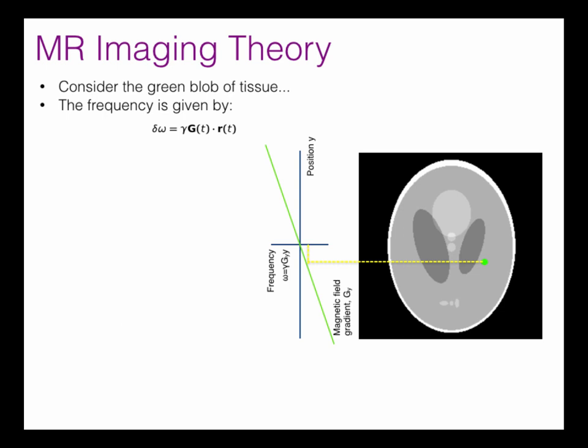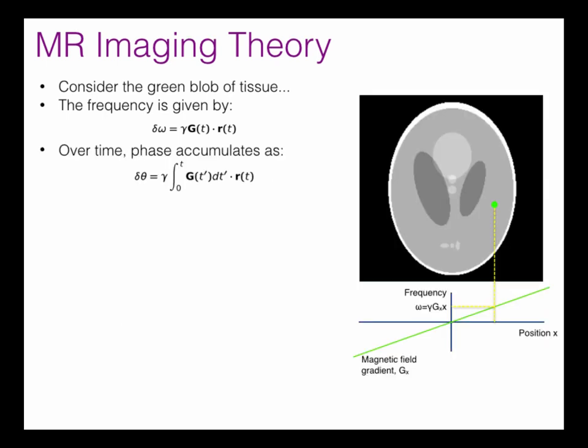So the total phase it accumulates depends on the gradient at a given time, because it's got an instantaneous frequency given by gamma G dot R. Okay? But the phase it accumulates is basically the integral over time of G dot R. Okay?